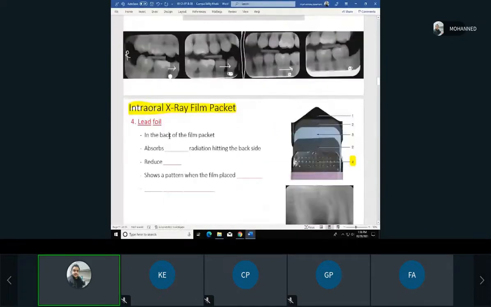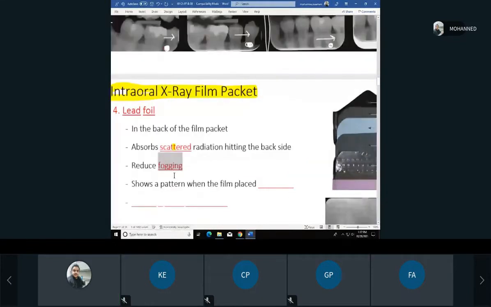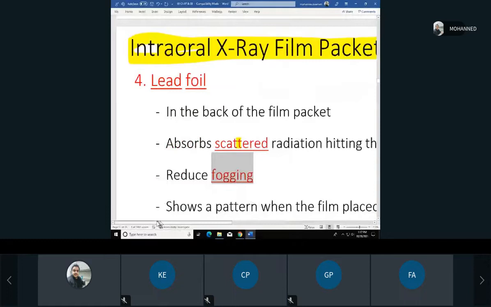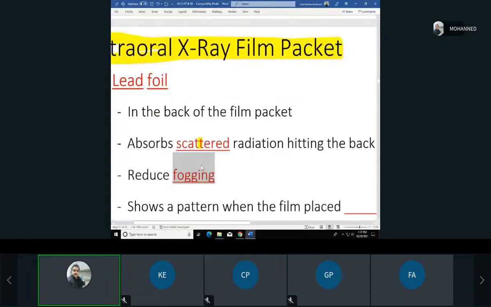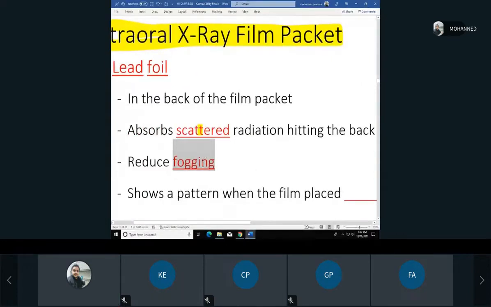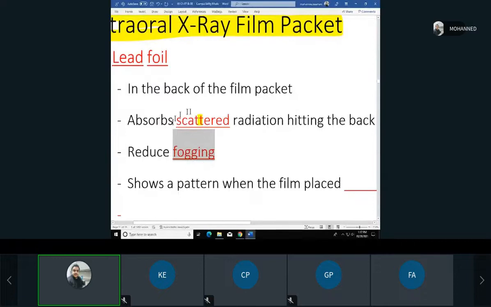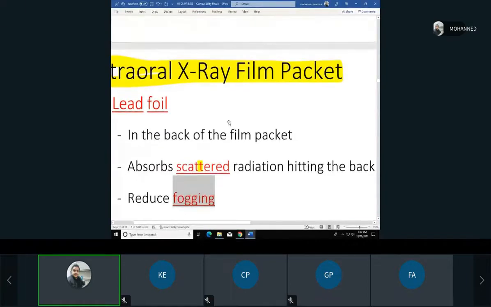It stops radiation from going inside, and also absorbs the scattered radiation that comes from the back. It reduces fogging of the film. I'll show you in a minute. We got this? Scattered and fogging.